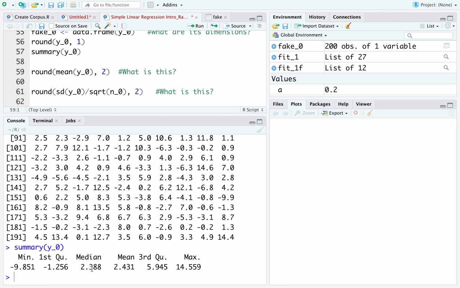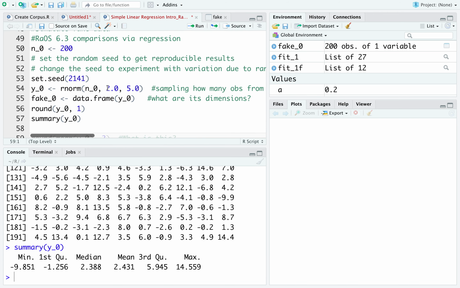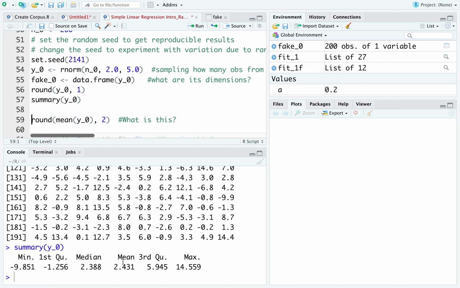These are randomly generated. If I were simply estimating the mean of the underlying distribution here, I might come up with 2.431, right? We know behind the scenes that the true mean is 2. But we know that a sample mean, even for 200 observations, in general you don't expect it to be exactly equal to the population mean.